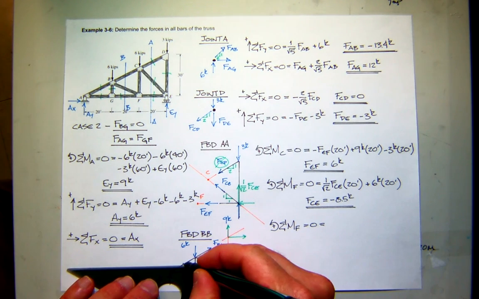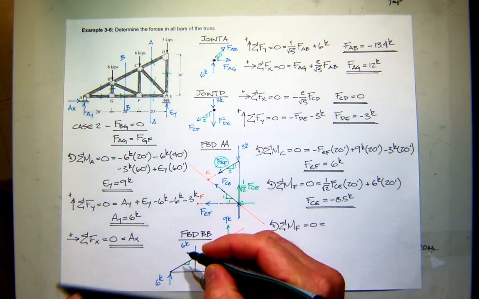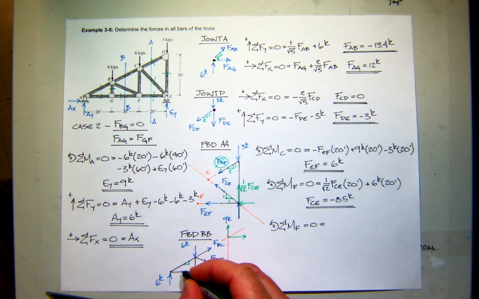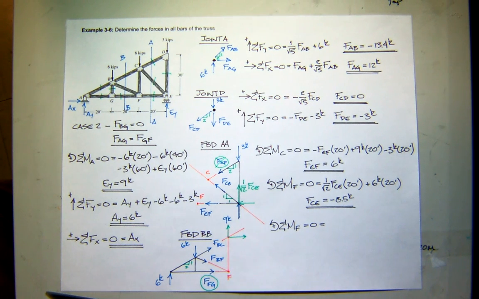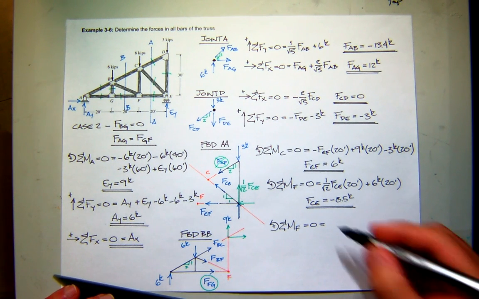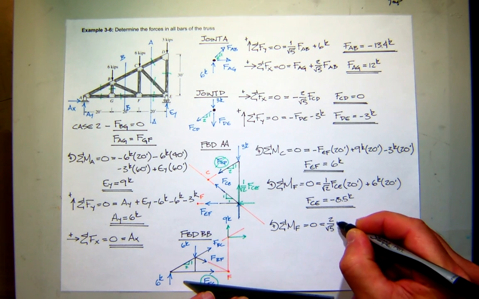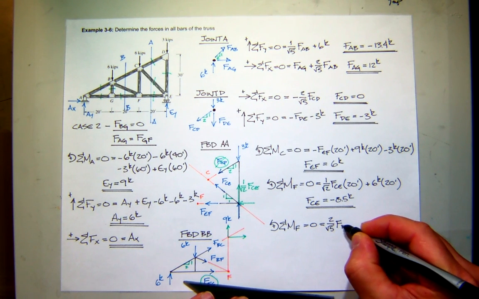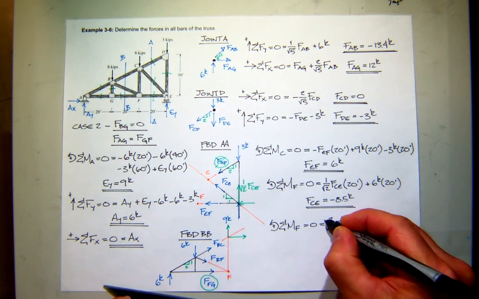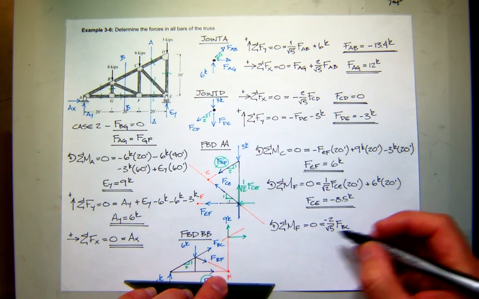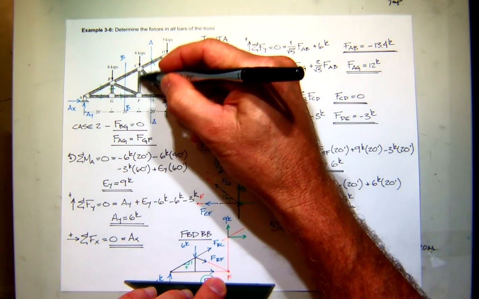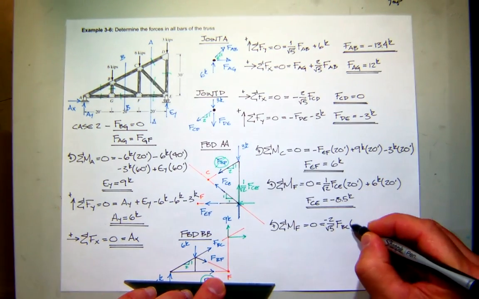If you remember, we've already done this a couple times. This is a 2-to-1. So the horizontal component would be 2 over the square root of 5 of the force in BC. And it's creating negative moment about F with the moment arm of this distance, which is 20.